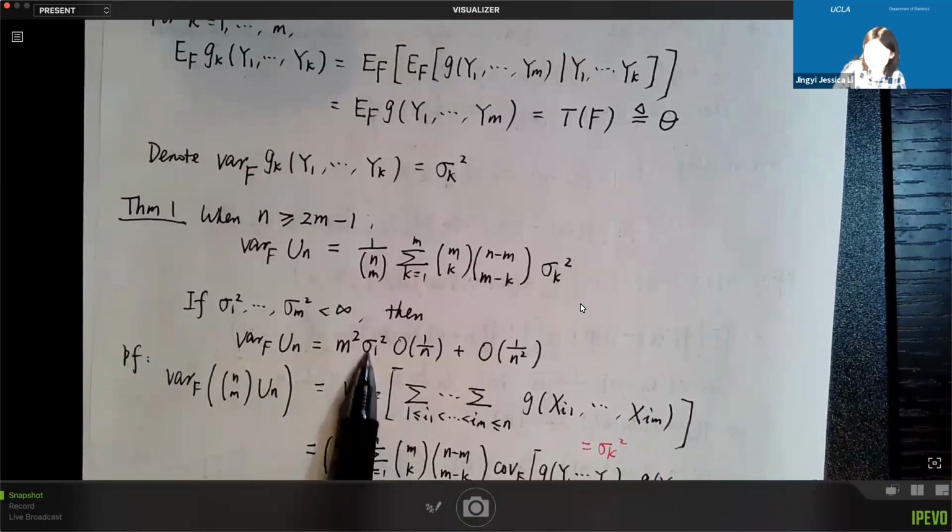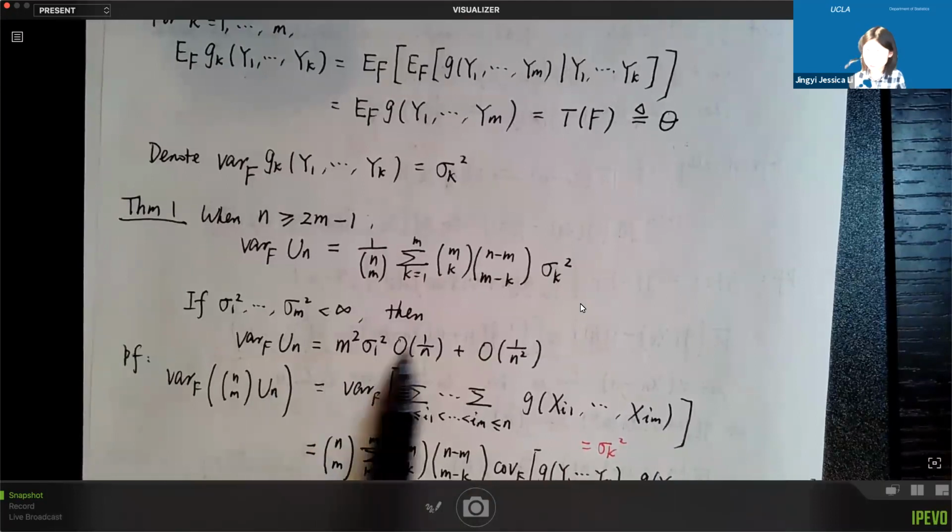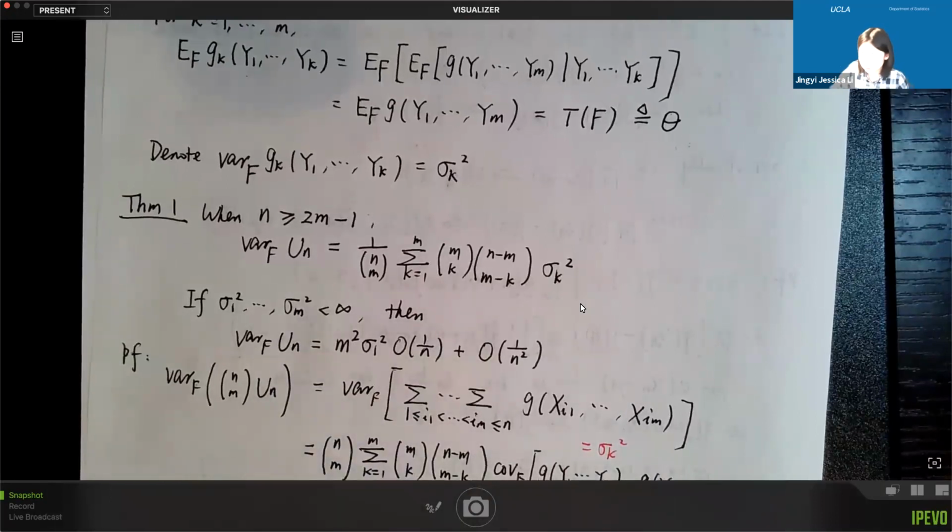And that's just the variance of g1(X1). And that's much easier. So we don't need to worry about sigma 2 to sigma m. So you see this idea, we also used it in our m-dependent stationary sequence result. So asymptotically, we can simplify a lot of things by dropping terms that are too small.